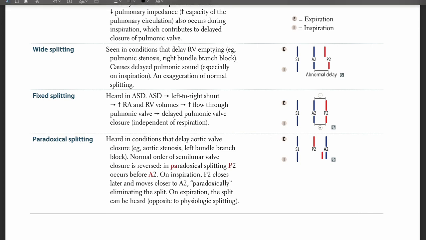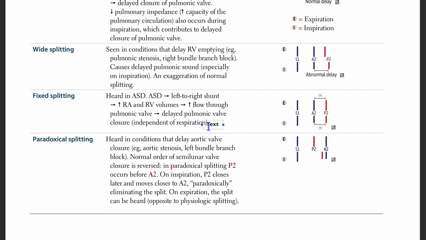So for this, the mnemonic is WiPeR. Wide, and then P, R for pulmonary stenosis or right bundle branch block.